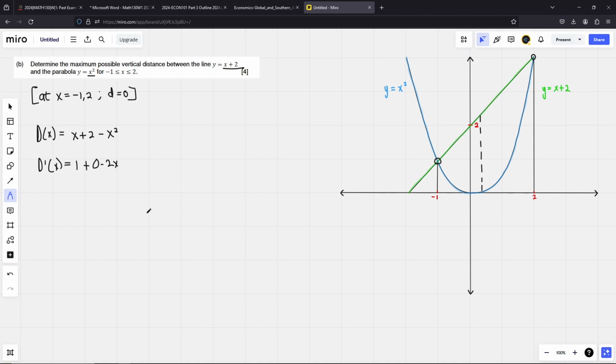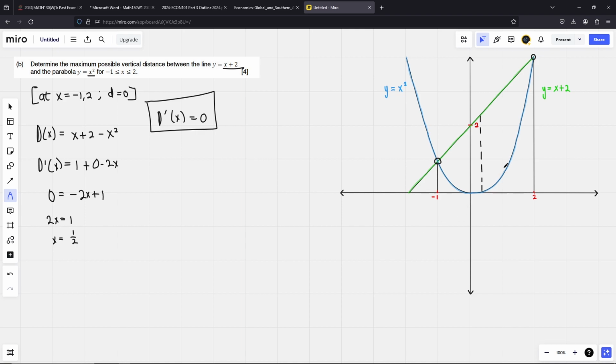Now if I set d prime equal to 0, this is going to give me the x value at which the maximum occurs. So let's set it equal to 0. So 0 = -2x + 1. Taking 2x to the other side, 2x = 1, and x is equal to a half.